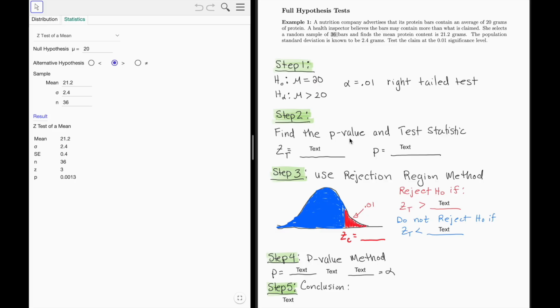Step 2 is to find the p-value and the test statistic. Because we're using the normal distribution, we're using z, not t. Okay, so our test statistic is 3. That's down here, z is equal to 3. And then our p-value is 0.0013.